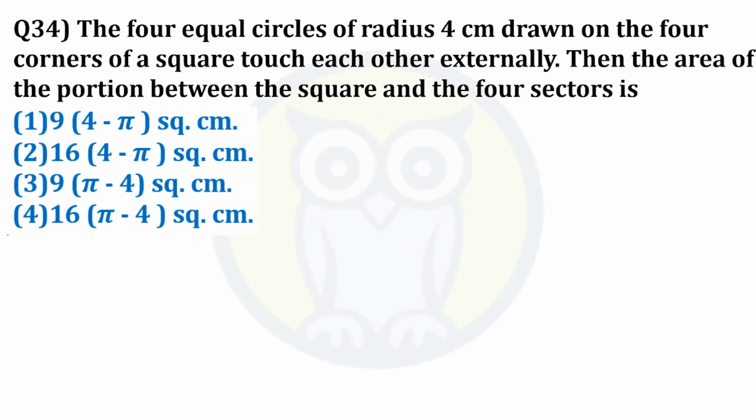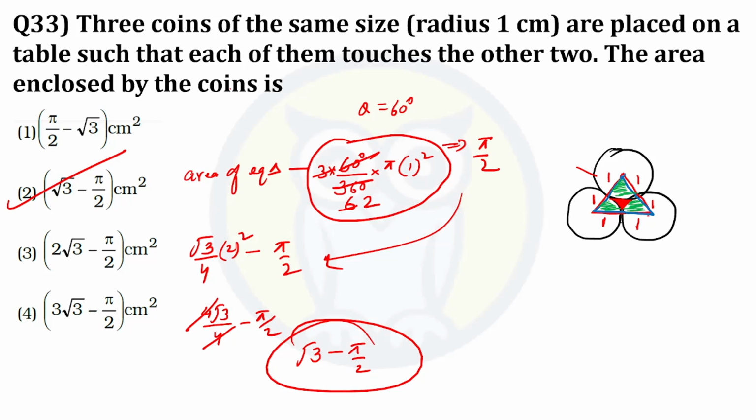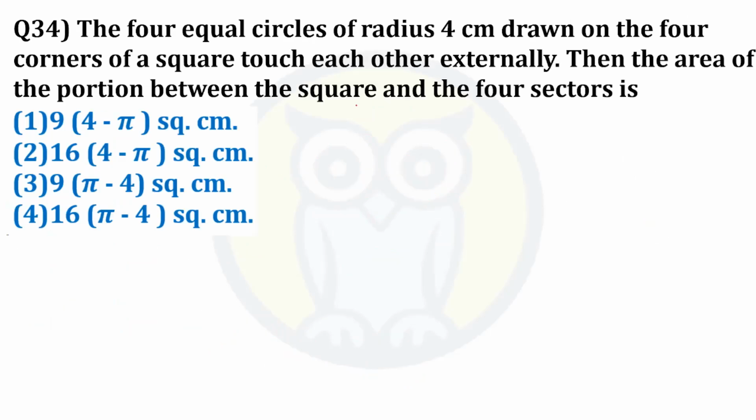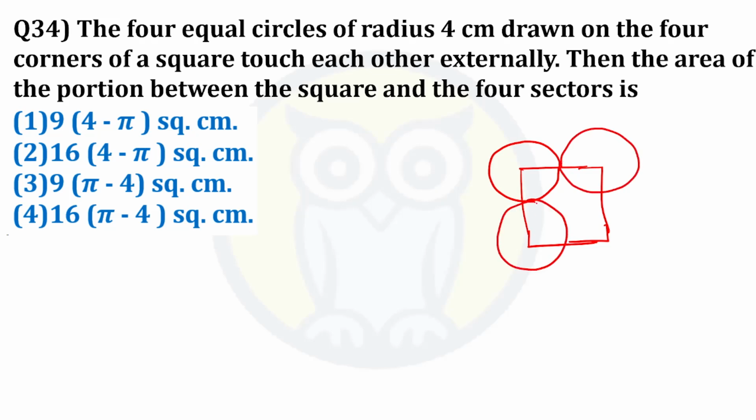Now question number 34: 4 equal circles are drawn on the four corners of a square, and they touch each other externally. The question asks for the area of the portion between the square and the four sectors.